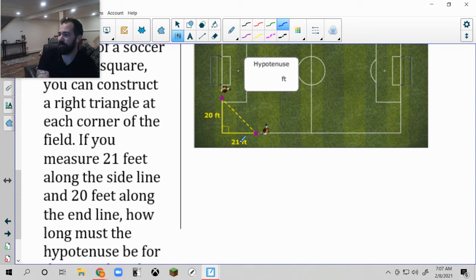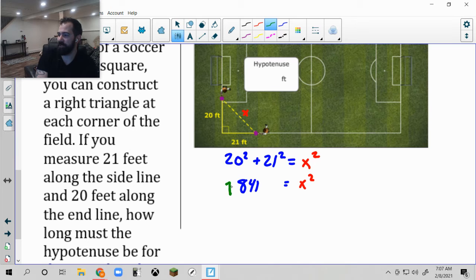So again, a squared plus b squared equals c squared. Let's not do the feet part in there. Let's just do the numbers. We've got 20 squared plus 21 squared, and we want to know what that should equal. Those two together, 20 squared plus 21 squared, is 841, and that still equals x squared.